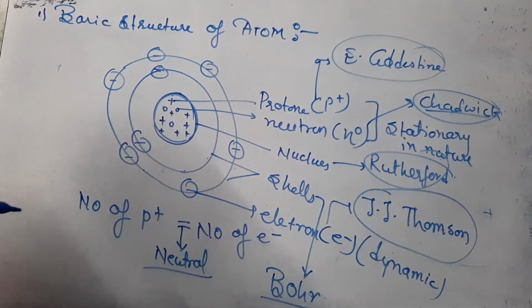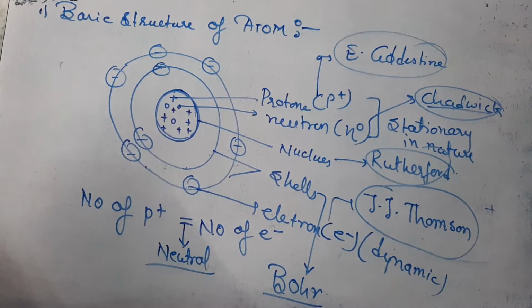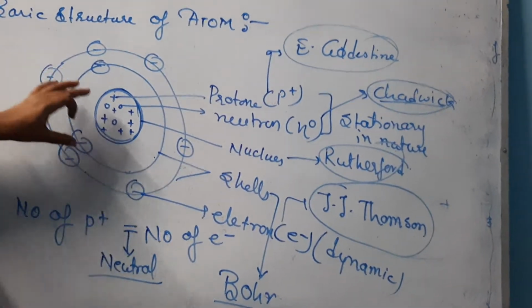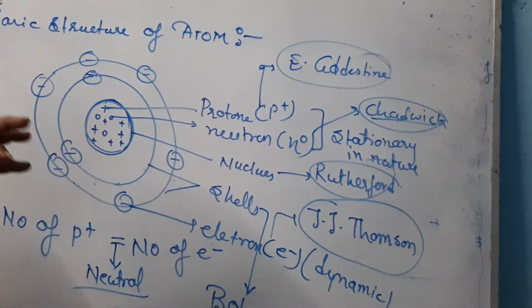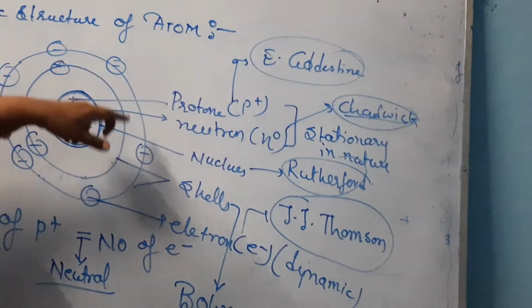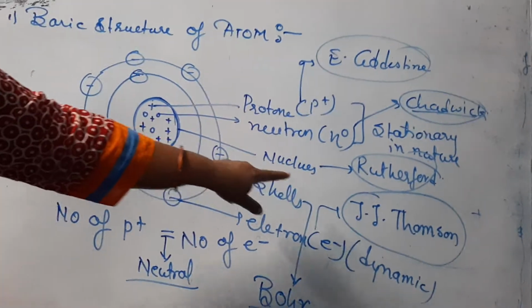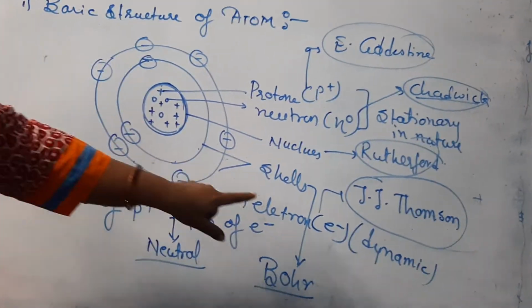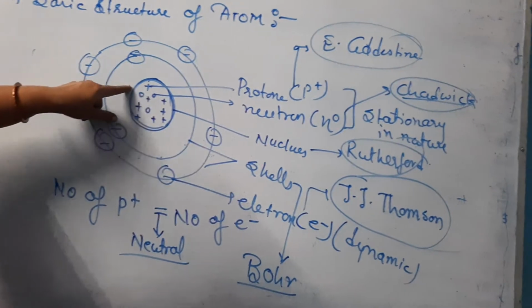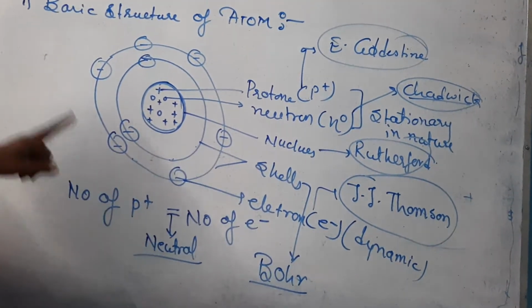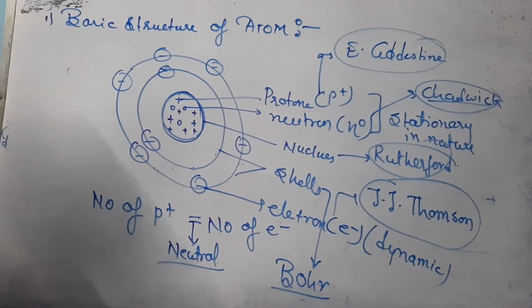Okay, beta. So this is the basic knowledge of the atom, which part is present where. Proton and neutron are inside the nucleus, electrons surround the nucleus. Proton and neutron are stationary in nature, electrons are dynamic in nature. Number of protons is equal to the number of electrons, so the natural behavior of the atom is neutral.